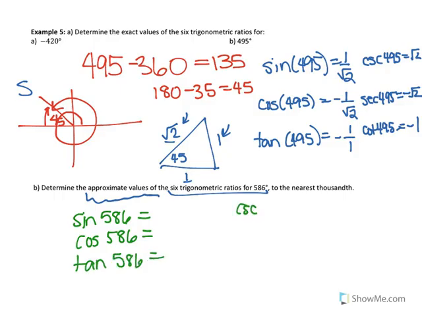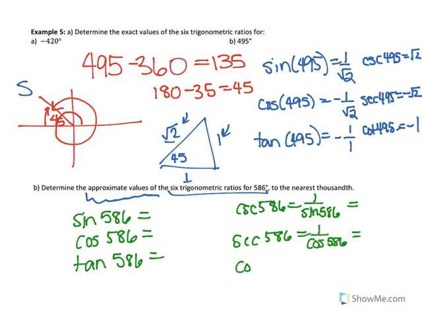To get cosecant, we type in 1 over sine 586. To get secant, we type in 1 over cos 586. And to get cotangent, we type in 1 over tan 586.